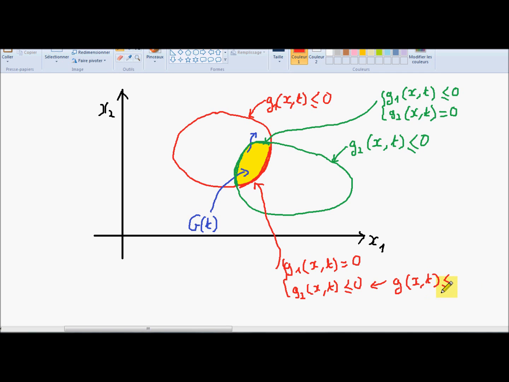If I want to be more general, I can write this not for J1 and J2, but for J_a. So here, for instance, it will be a. And these two conditions correspond to this part and this part.